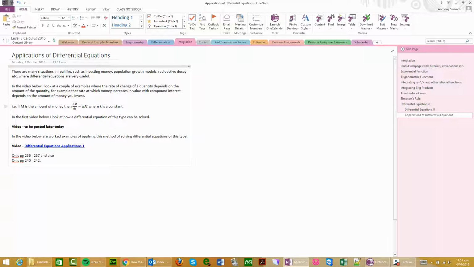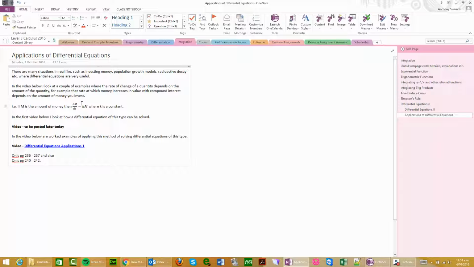So this is like a proportionality statement that you can make into an equation using a constant here. And that makes sense, I think, because the more that you have of money, then the greater would be the rate of change.